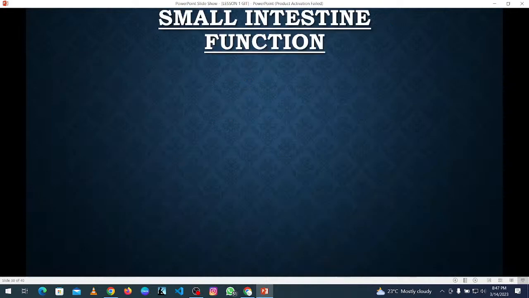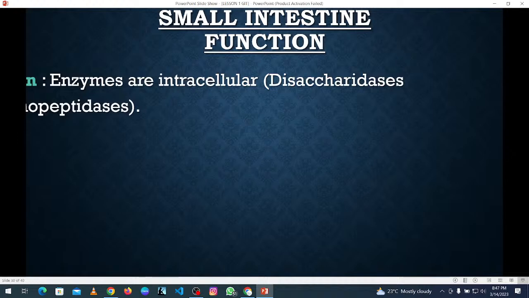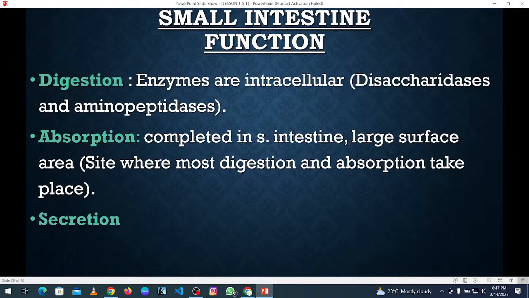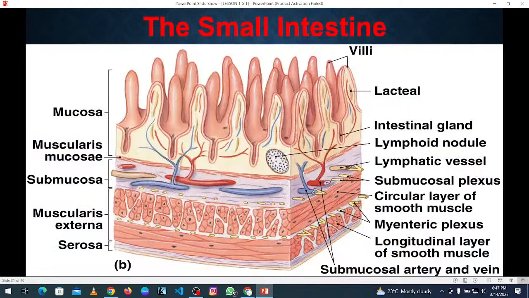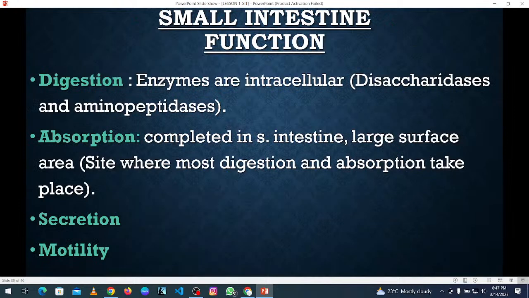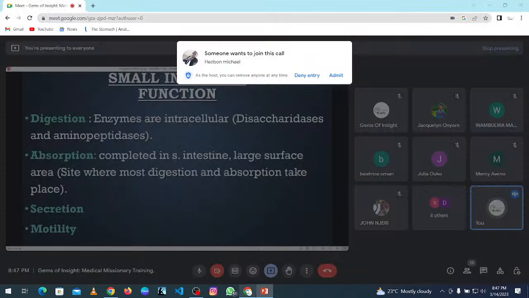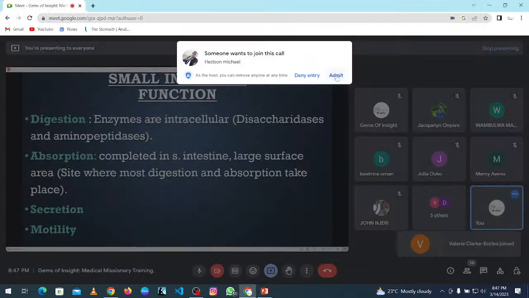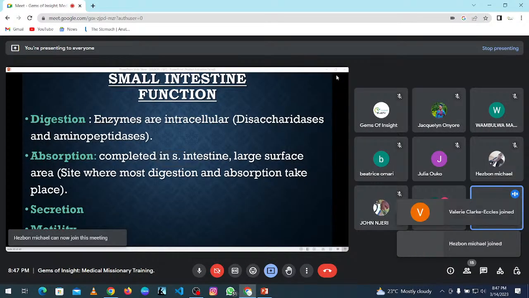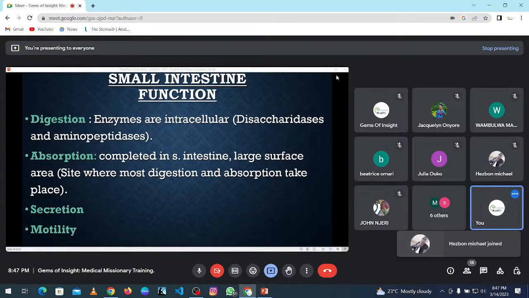So what are some of the functions of the small intestines? Number one, in the whole gastrointestinal GIT tract, these four are normally the functions: digestion of food, absorption, secretion, motility.